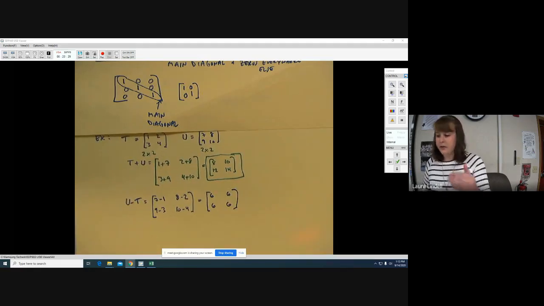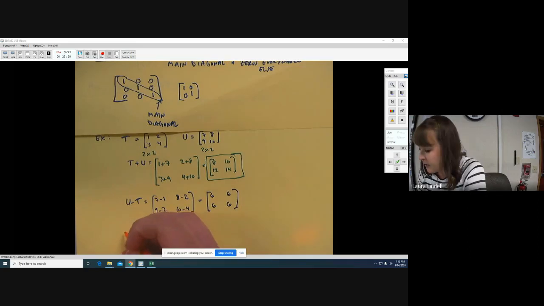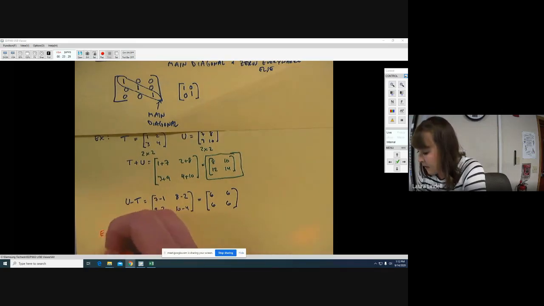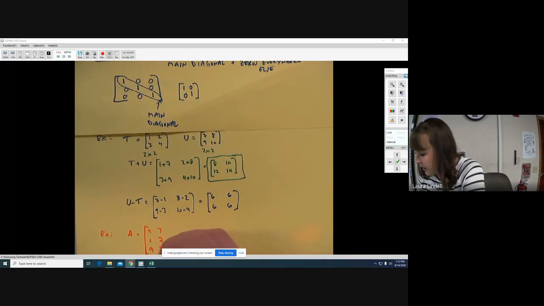Okay, so we can do addition, we can do subtraction. If I had two matrices, like let's call this matrix A is 2, 3, 1, 7, 9, 8, and B is 2, 1, 9, 6, 5, 10.